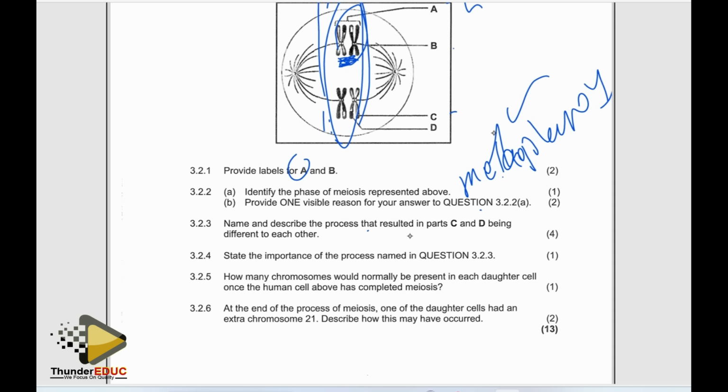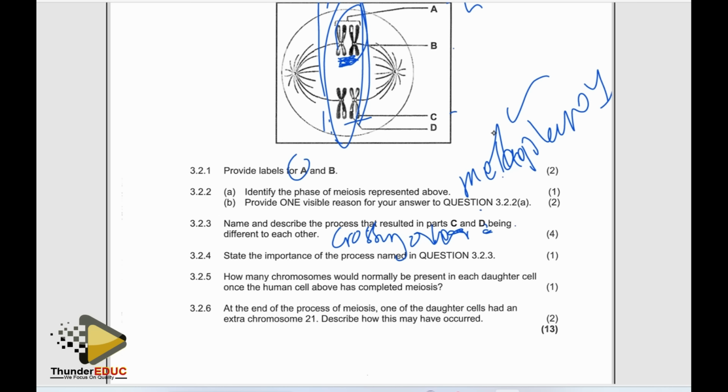Name and describe the process that resulted in C and D being different. The process is crossing over, and here you talk about homologous chromosomes coming together. Then a chromatid of one homologous chromosome and a chromatid of another homologous chromosome cross over at a point called chiasma.